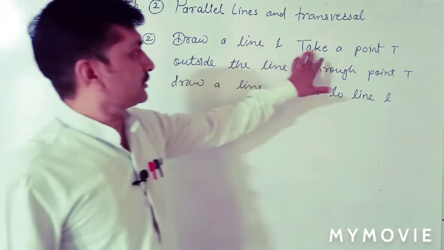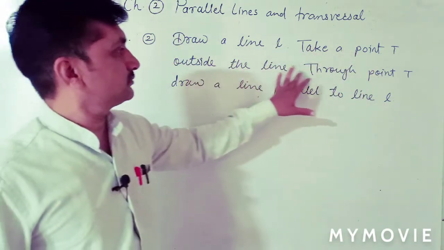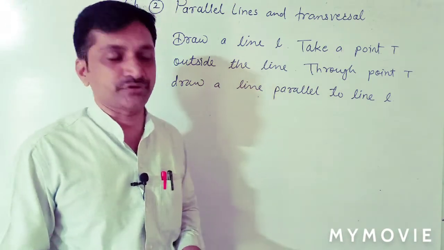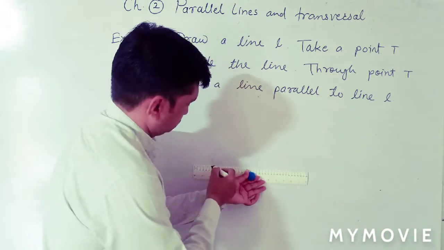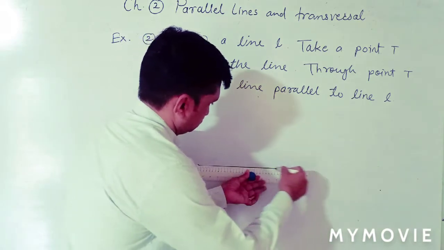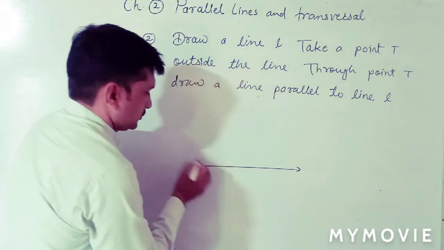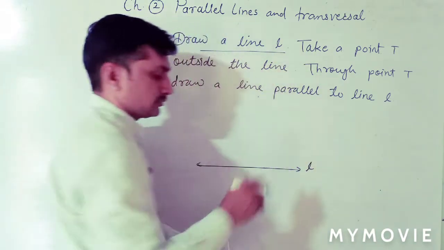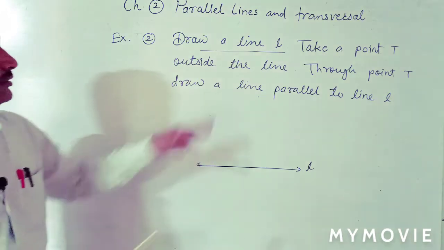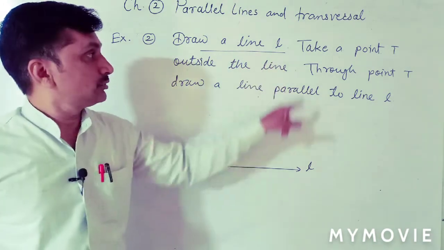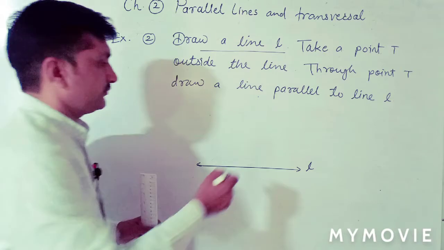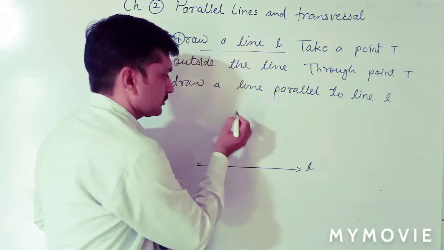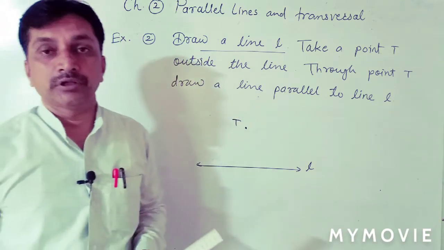Example number 2. Draw a line L. Take a point T outside the line. Through point T, draw a line parallel to line L. Same as the first example. Draw a line L. Line L is drawn. Take a point T outside anywhere. Now only the name of the point is changed. Here point T is taken. Now what to do?